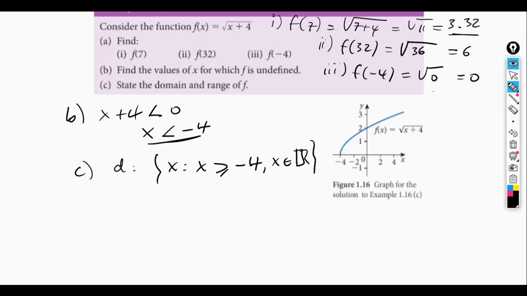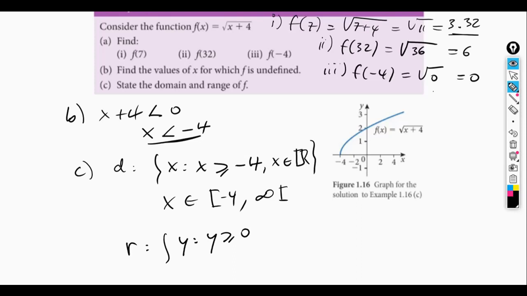And then, or I should say, we can also say x belongs to an interval notation. We would say including negative 4 to infinity. And the range, which is in terms of y, would be that y is always going to be greater than or equal to 0.